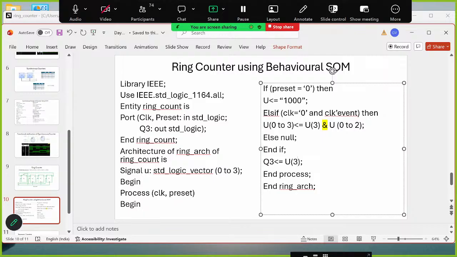This U3 is not updating still because you can put this Q3 over here also.